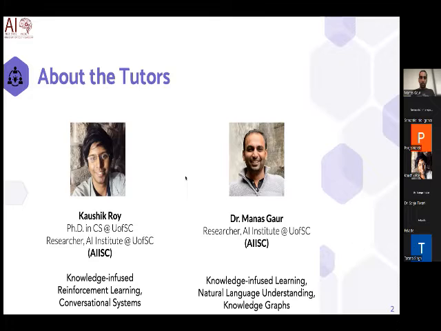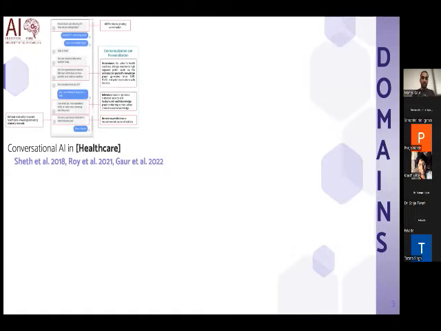So let's start from the understanding that this class of algorithms that this tutorial will be discussing is applied across various domains. It can start with the conversational AI domain, where the task is to contextualize and personalize conversations.